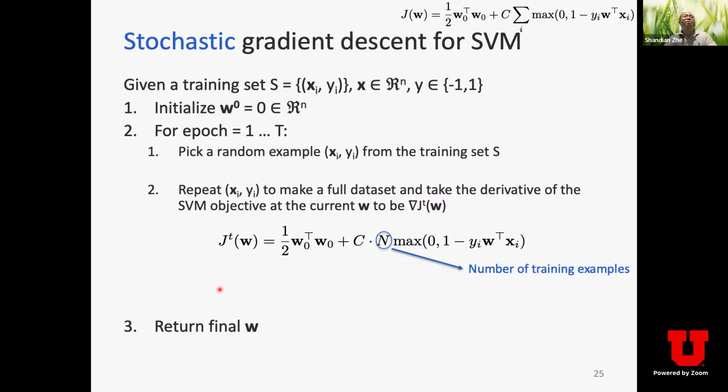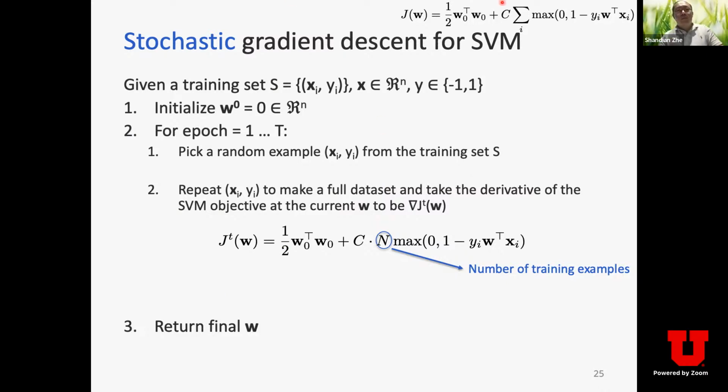Any questions so far? You can sample with replacement or without replacement. It doesn't matter. Oh, C is a hyperparameter.